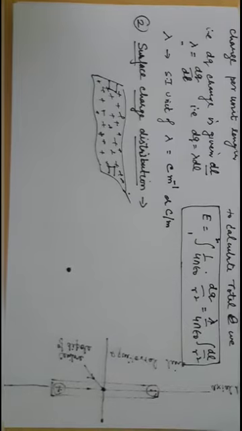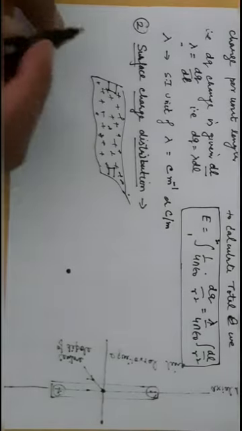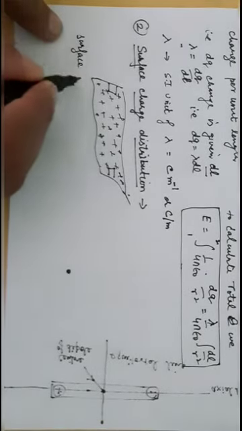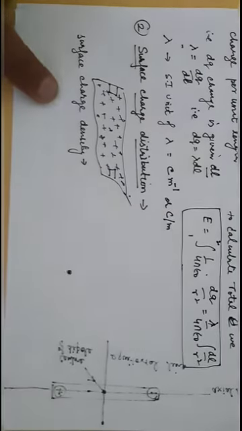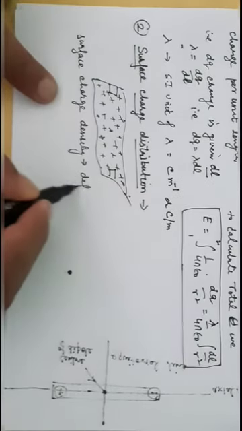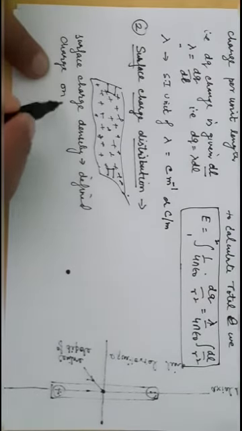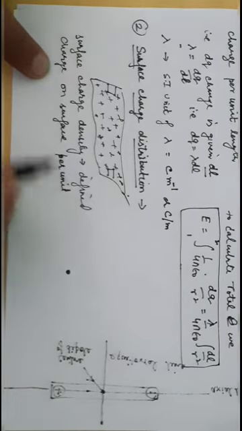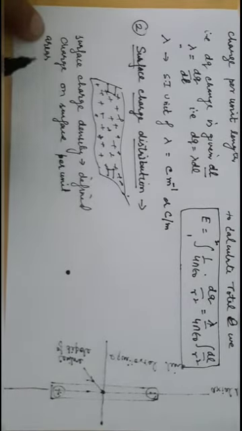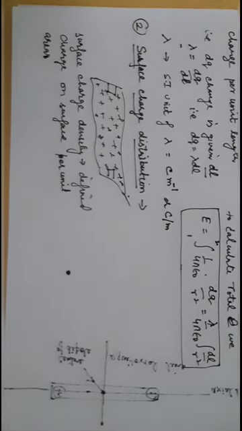To tell the strength of the charge distribution, we have a term known as surface charge density. Surface charge density is defined as the total charge on the surface per unit area.